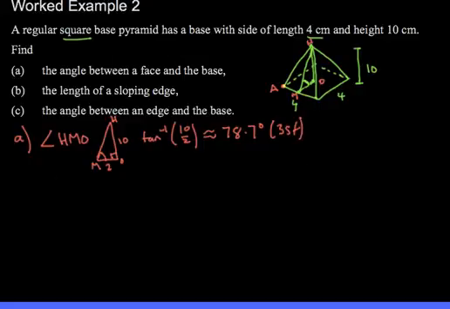Okay. What about B? The length of a sloping edge. So that is going to be the length AH. How do I find that length AH?